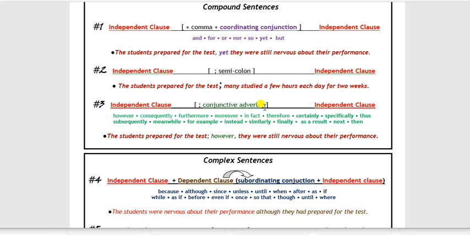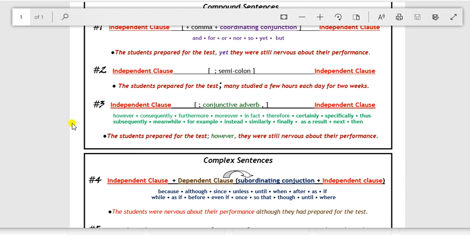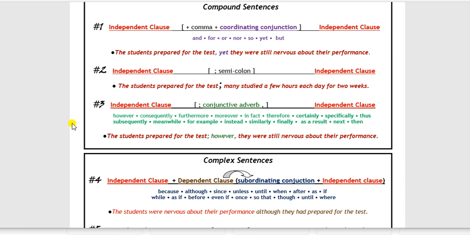Okay? Conjunctive adverb, Ms. Harrison, what the heck is that? That's a big grammar word. Sounds expensive. There's a nice list here for you. Oops, can't really highlight on this. Yes, I can. This right here is your list of conjunctive adverbs. It's a type of conjunction and it's a type of adverb.